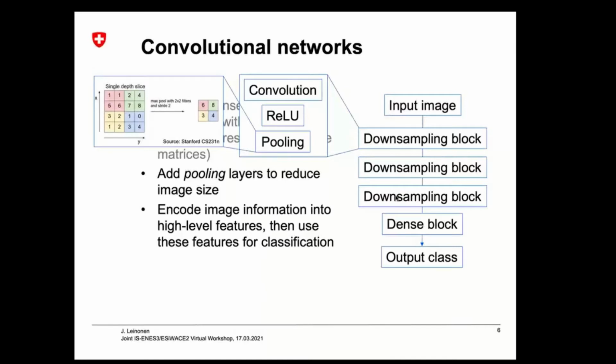So for example, we could have a set of input images that might have a cat in them or might not have one in them. And then we would train our network to output 0 for no cat or 1 for yes, there is a cat in the image. And the network would learn to optimize these convolutions in a way that it would maximize its chances of detecting a cat in the image.